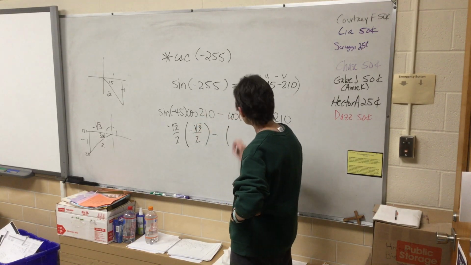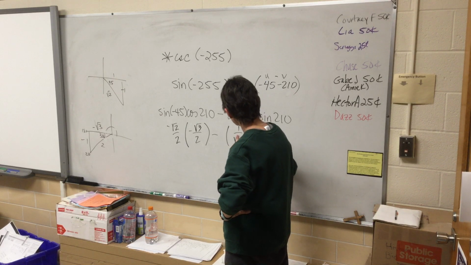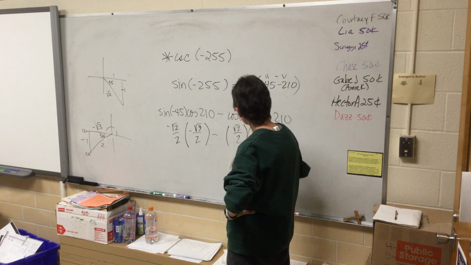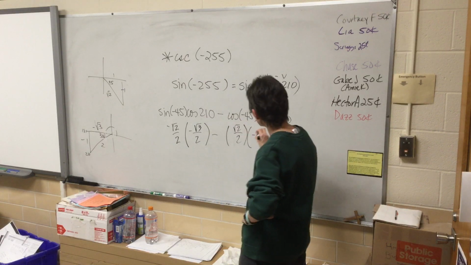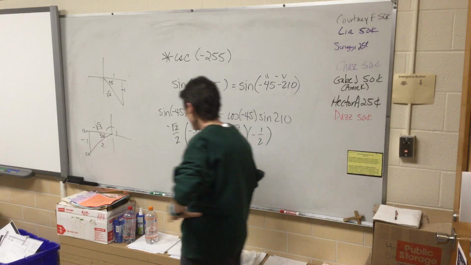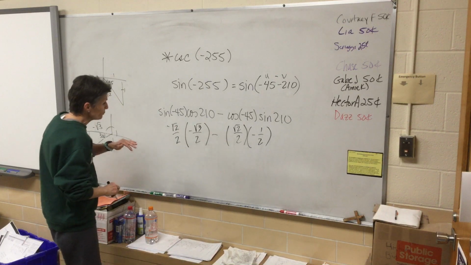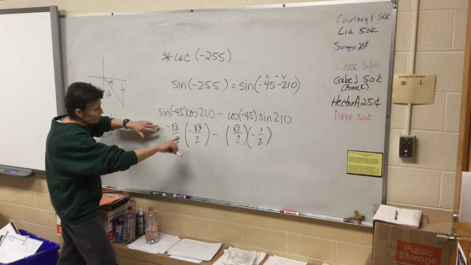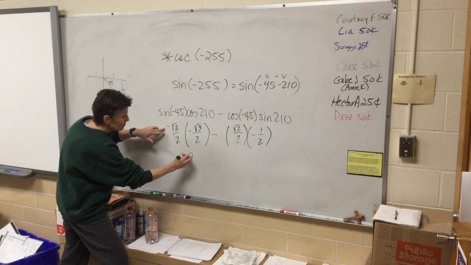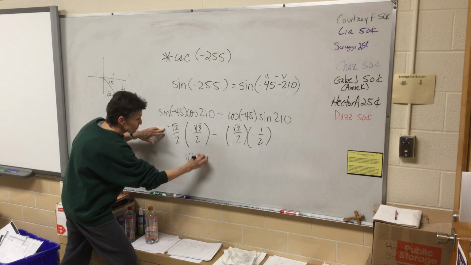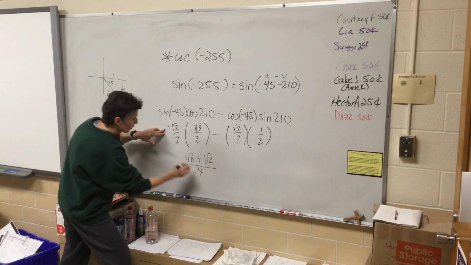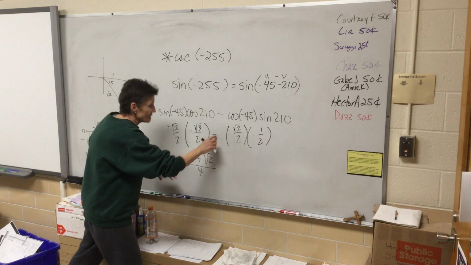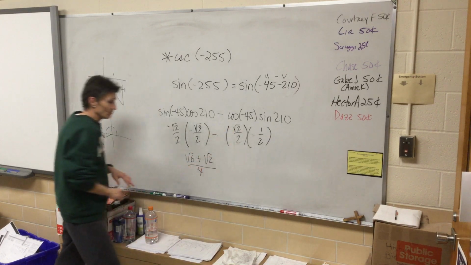The cosine is root 2 over 2. And the sine is negative 1/2. So when I do my arithmetic, this is the answer we keep getting when we did those other ones. We get root 6 plus root 2 over 4. Positive root 6 over 4, and then minus a negative root 2 over 4.